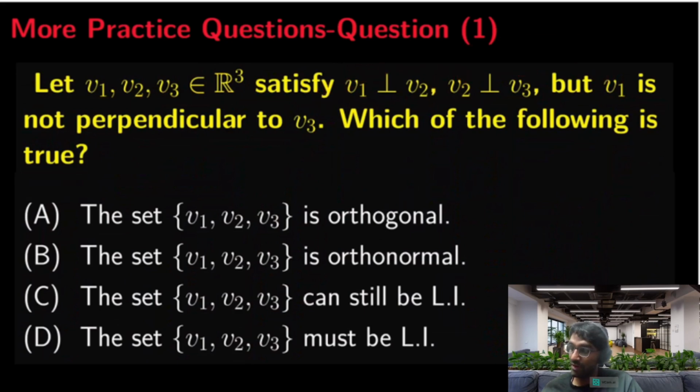Which of the following is true? The set is orthogonal, the set is orthonormal, the set can still be linearly independent, the set must be linearly independent. We will not be discussing solutions to these. You can solve them yourselves. At the end, I have attached a slide of hints and answers to these questions, which you can check.